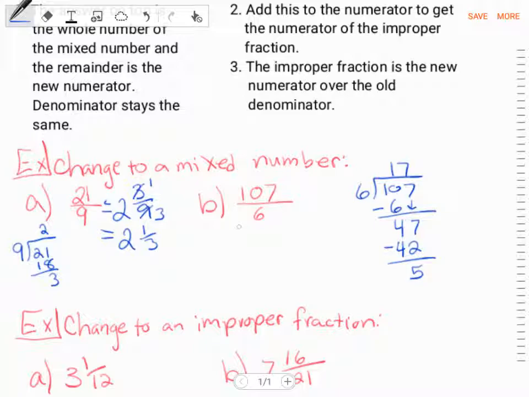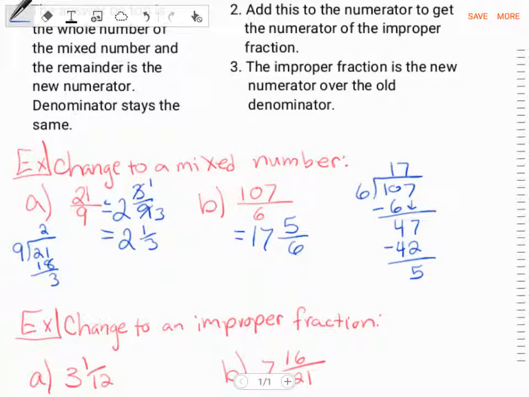So if I wanted to rewrite this fraction as a mixed number, the answer on top is my big whole number out front. My remainder down here is going to be my new numerator, and my denominator stays the same.